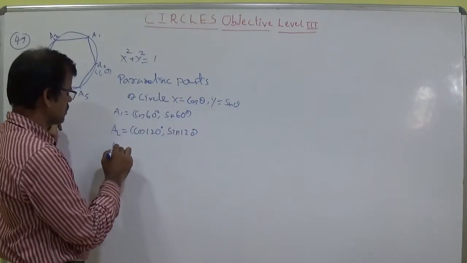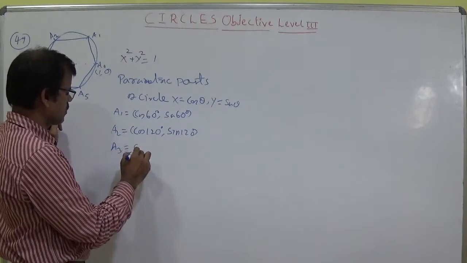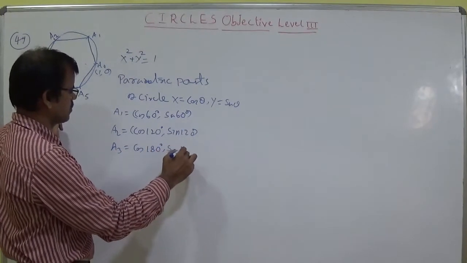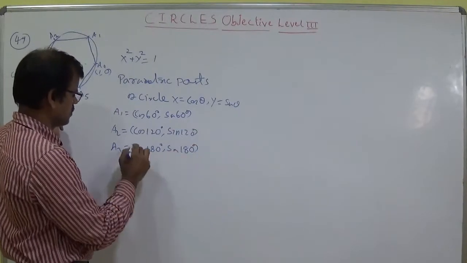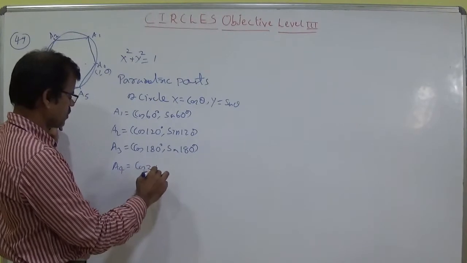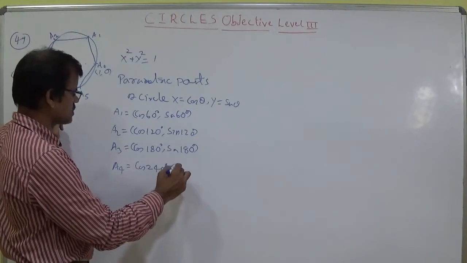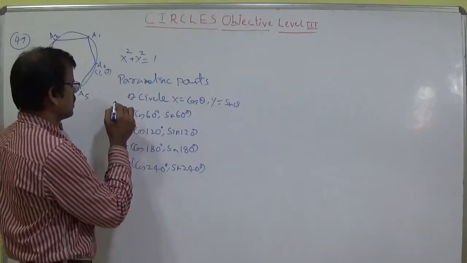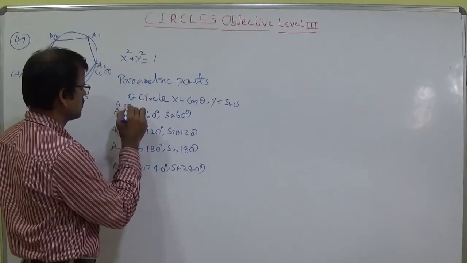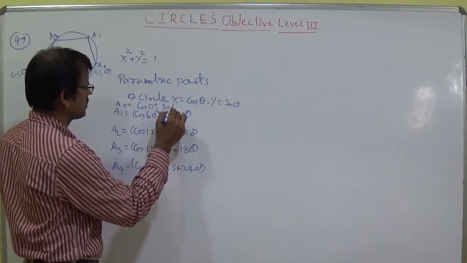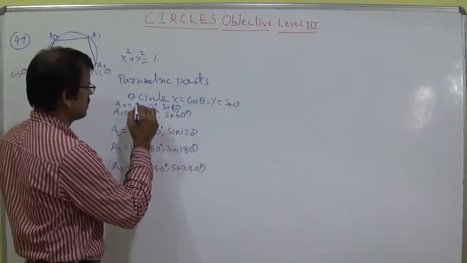A3 is equal to (cos 180, sin 180). A4 is equal to (cos 240, sin 240). A0 is equal to (cos 0, sin 0). These are the parametric points on the circle.